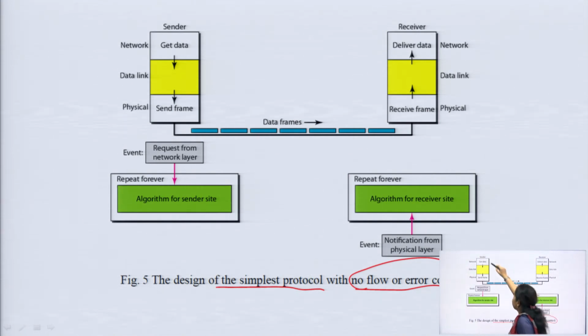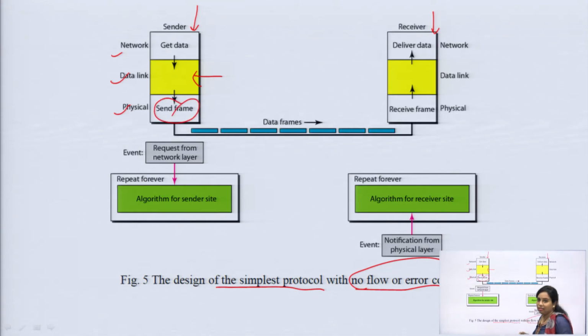This is at the sender side, this is at the receiver side. These are three layers of the OSI model: the physical layer, the data link layer and the network layer. From the network layer, the data will be transmitted to the data link layer, where it is formed into a frame.